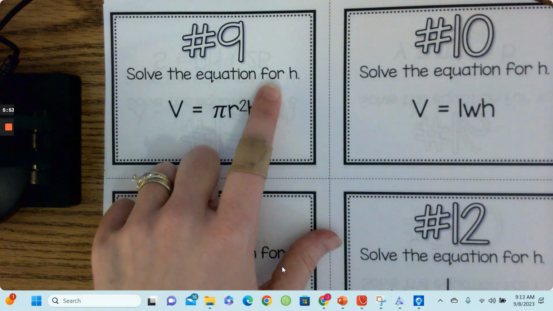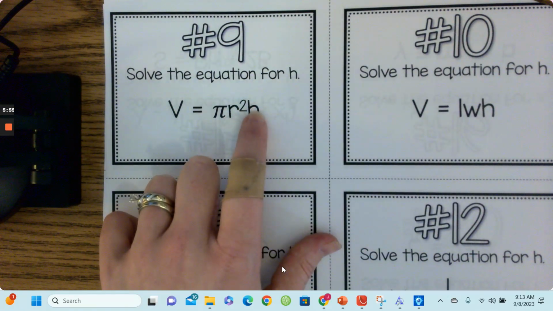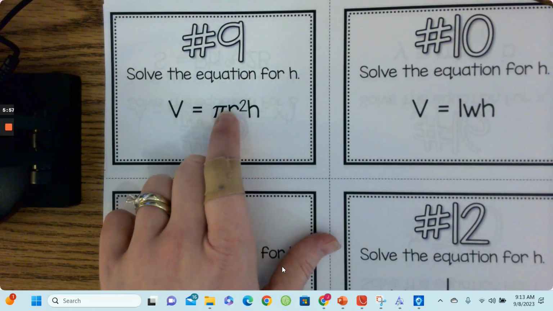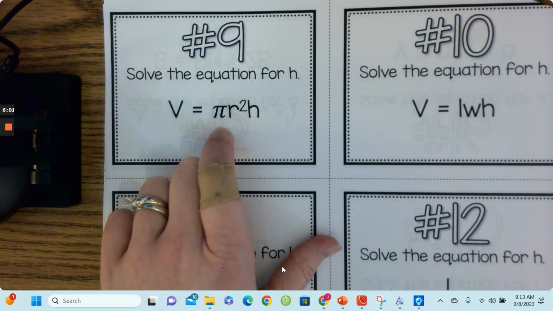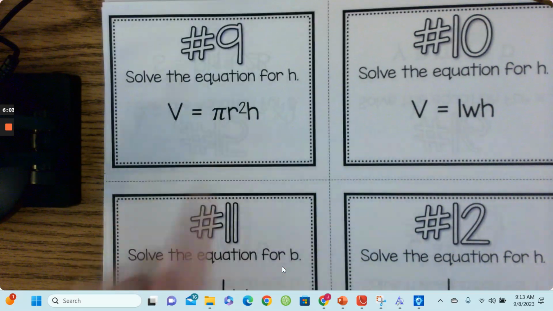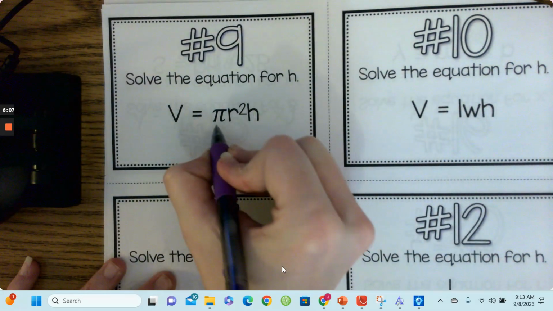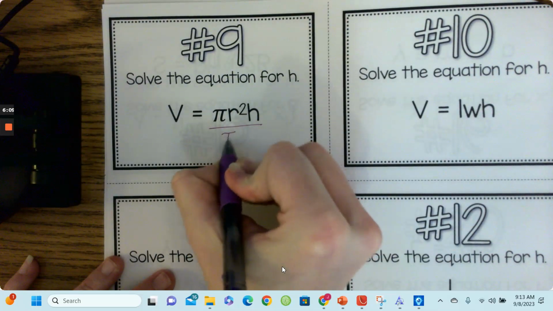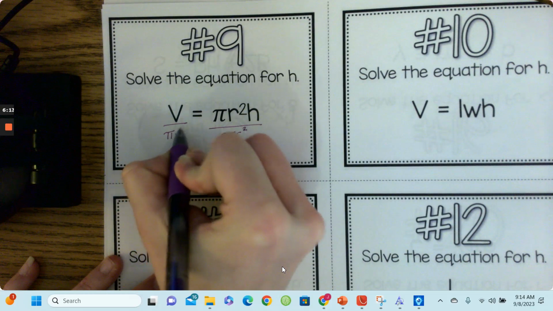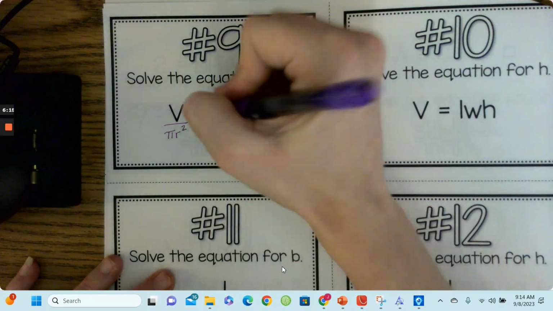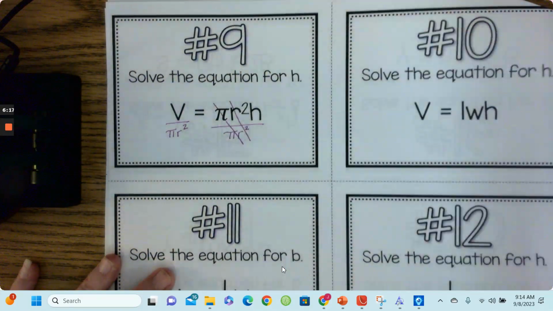So this one, solve the equation for h. So I need to get h by itself. H is being multiplied by r squared, and it's being multiplied by pi. If it's multiplication, I can do that move all at once. So I can divide both sides by pi r squared. And then that whole thing cancels out for me.